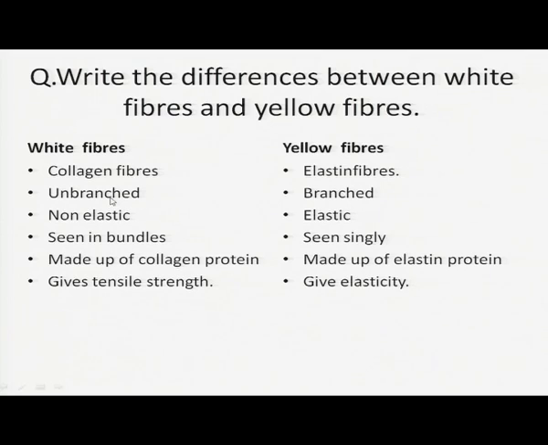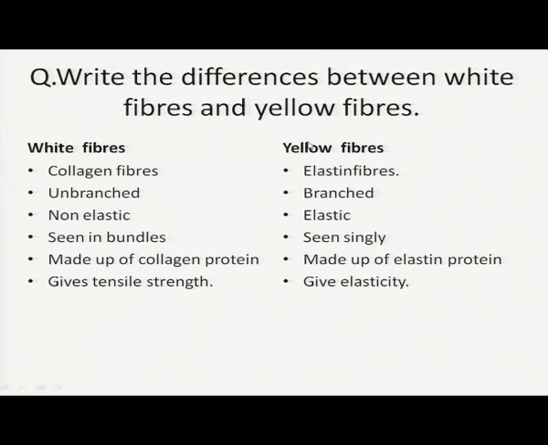They are unbranched and they are non-elastic. They are always seen in bundles and made up of the protein collagen, and they give tensile strength. So, all these are the typical characters of white fibers.